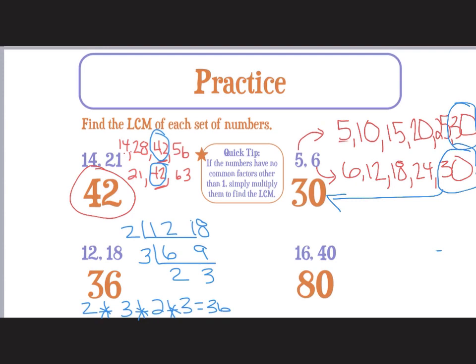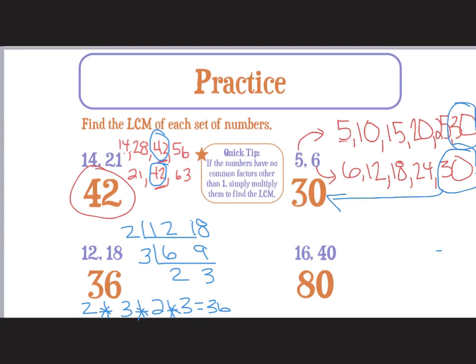So I wrote those down, and I know those aren't prime numbers, so I had to do another L. And I looked at 6 and 9. 2 doesn't go into 9, so I'll try 3. 6 divided by 3 is 2, and 9 divided by 3 is 3. 2 and 3, those are prime numbers. So I just bring it down here. 2 times 3 times 2 times 3 equals 36.